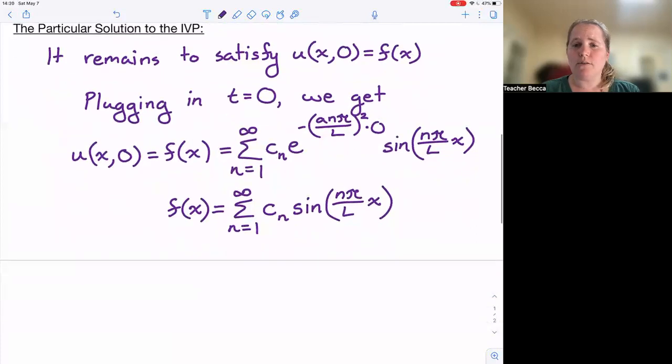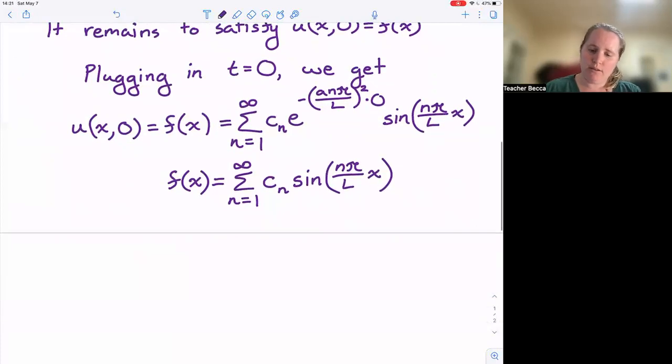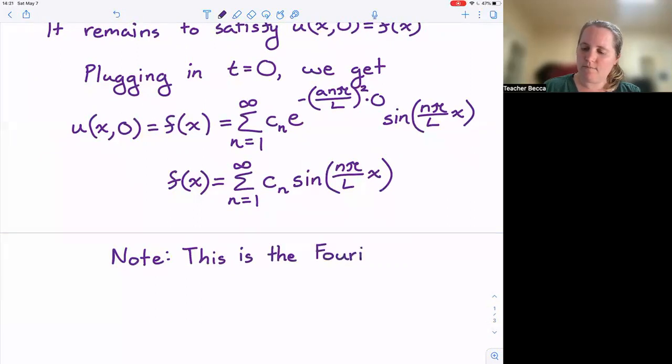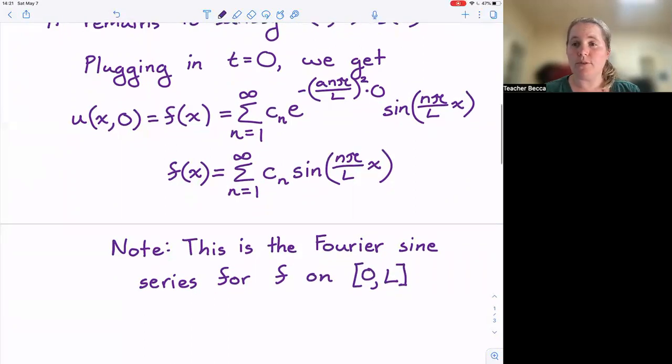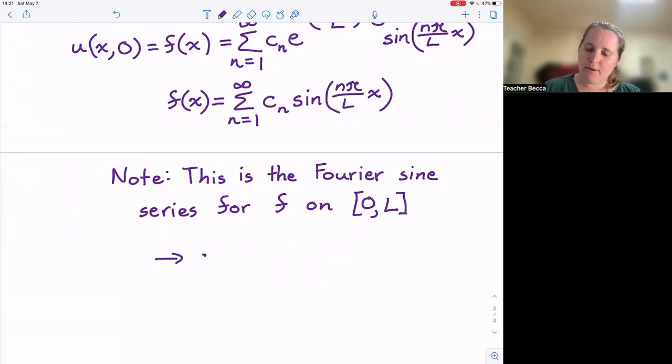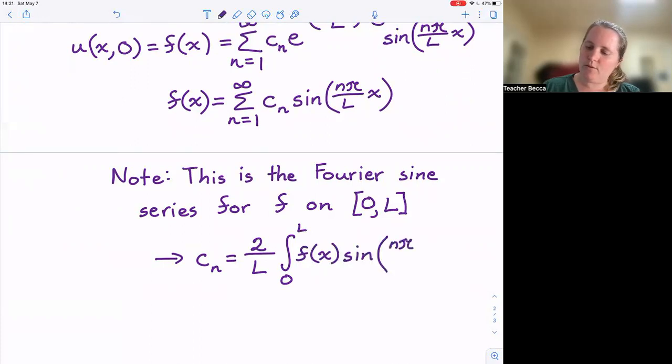But this is just the Fourier sine series for f of x on 0 to L. So note, this is the Fourier sine series for f on 0 to L. And we know precisely what those coefficients are.